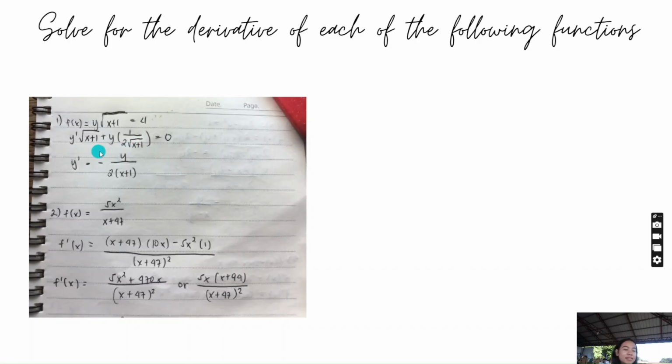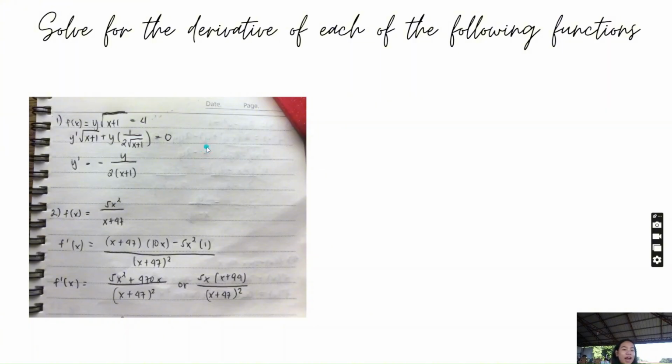The next process would be to isolate the y prime along with the square root of x plus 1. We are going to transpose the second term to the right side. That is why we have obtained a negative answer, negative y times the quantity of 1 all over 2 times the square root of x plus 1.